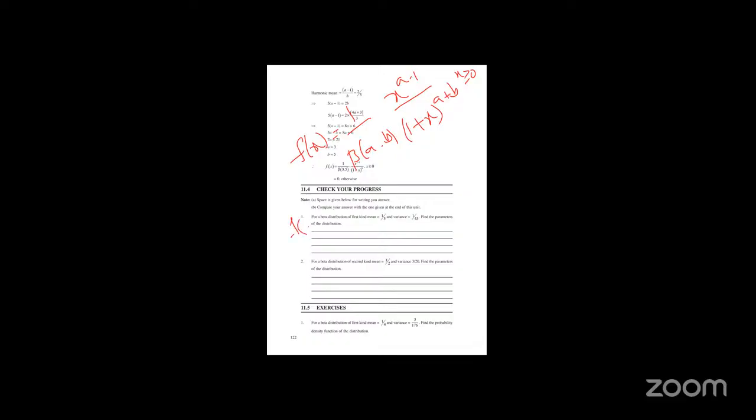So f of x is equal to 1 by beta of 3 comma 5 into x power 3 minus 1 by 1 plus x power 8, since A plus B means 3 plus 5 is 8, for x greater than or equal to 0. Or else f of x is equal to 0. This is the process.